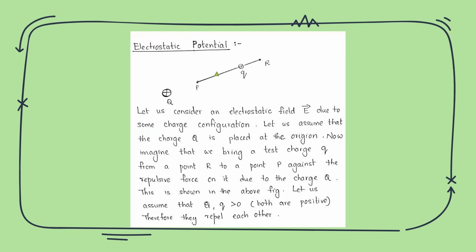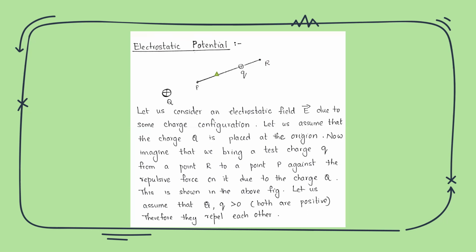Here you can see we have taken a charge capital Q and placed it at the origin. Now we imagine that we bring a test charge small q from a point capital R to a point capital P against the repulsive force on it due to the charge capital Q. Why am I saying there is a repulsive force?